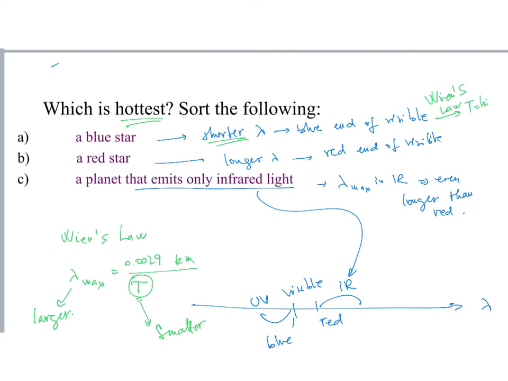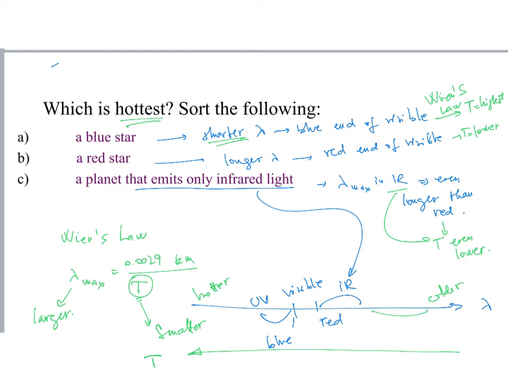So T highest. Okay, T lower. And so in this case, in infrared, T even lower. So if you were to put an axis here to correspond to the wavelength, the temperature would increase this way. So we have hotter things here and colder things here, right?